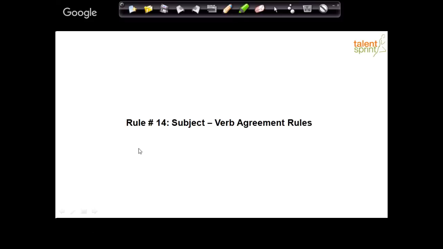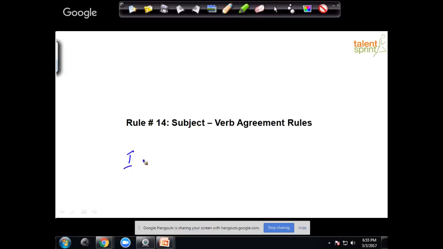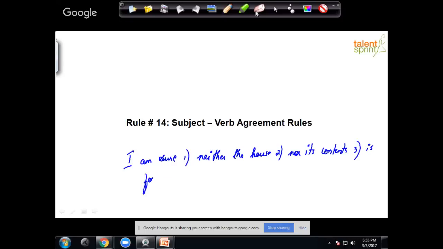So if I say, I am sure, neither the house nor its contents is for sale.